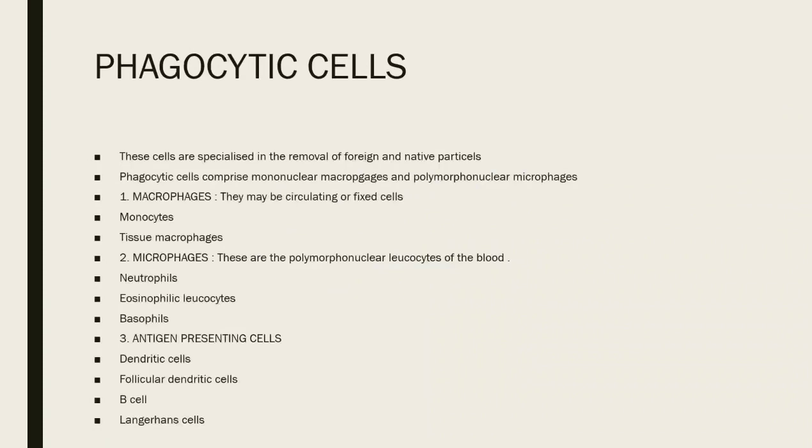Now the polymorphonuclear leukocytes of the blood include neutrophils, eosinophils and basophils. Now antigen presenting cells. These contain dendritic cells, follicular dendritic cells, B cells and Langerhans cells.